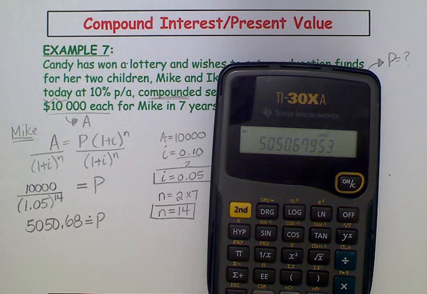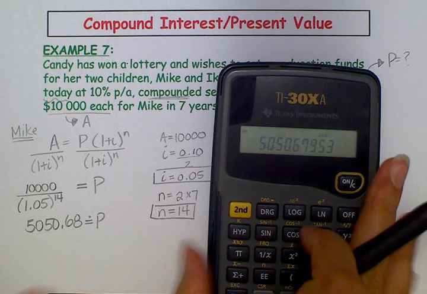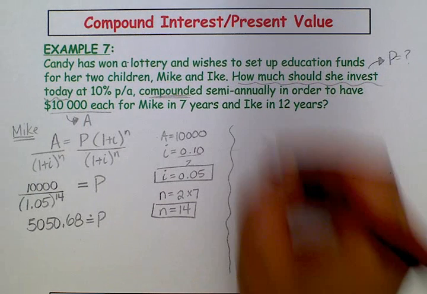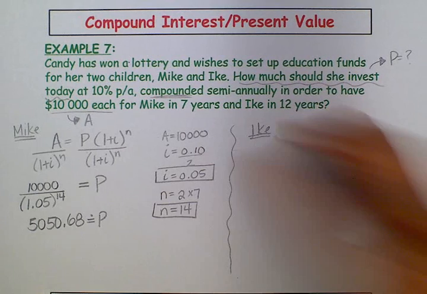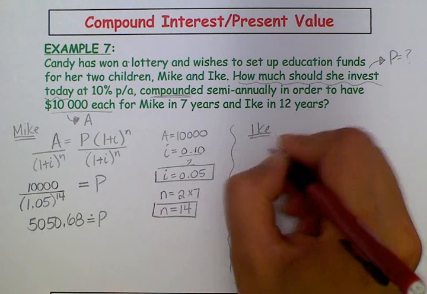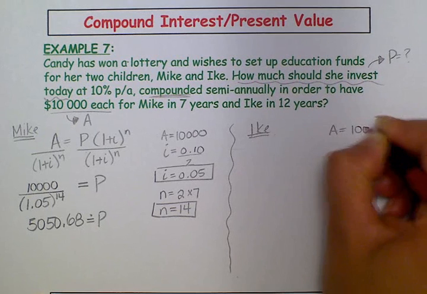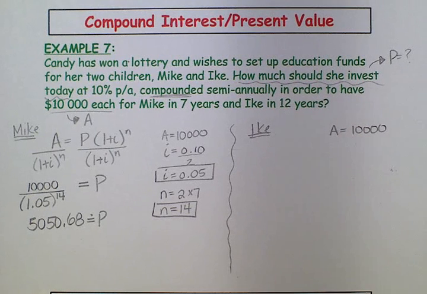Now, for Ike, she's going to be investing for a longer period of time. She's going to be investing for 12 years. So I'm actually going to expect that she's investing less money for Ike than she is for Mike. Okay, so let's take a look at Ike's situation. For Ike, she's investing for an accumulated amount of $10,000, so that's how much money she wants to have in the future.